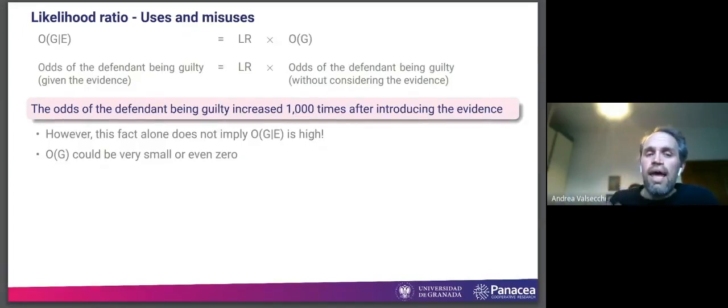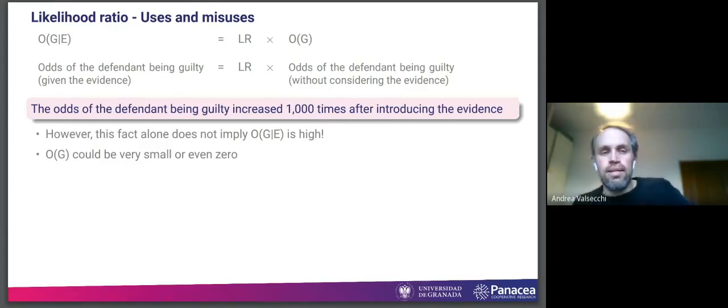So having a likelihood ratio of 1,000 means that by considering the evidence, the odds of the defendant being guilty increase by 1,000 times.